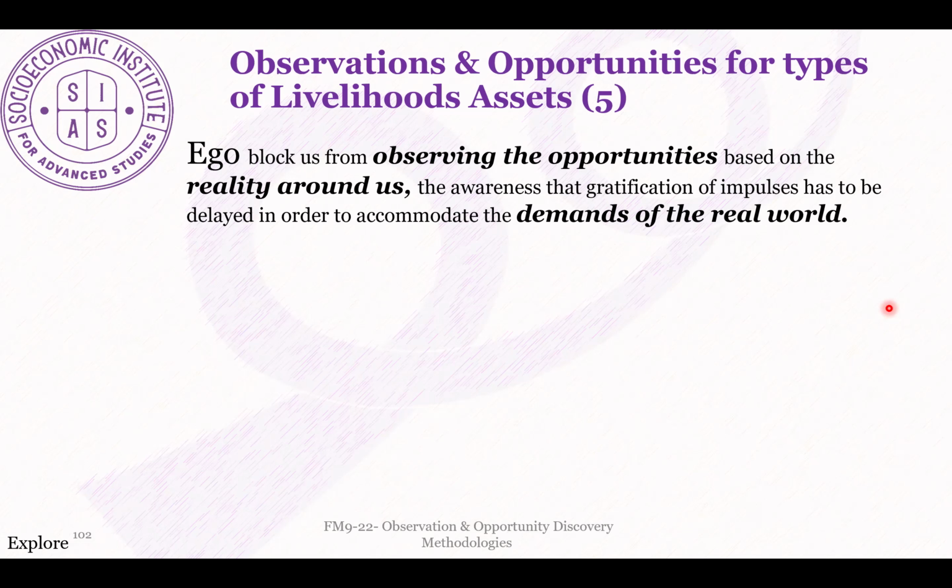So ego blocks us from observing opportunities, the internal and external opportunities that come from these observations. The ego also blocks us from seeing the reality around us. The awareness of the impulses around us can be blocked because of our ego.